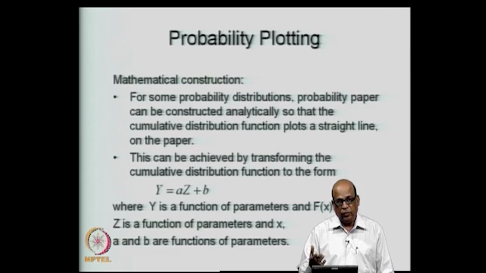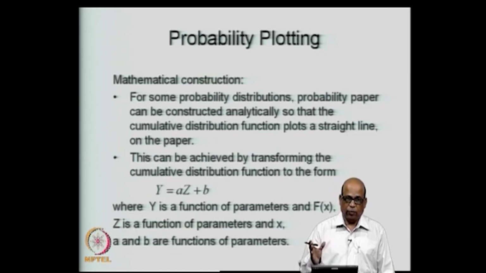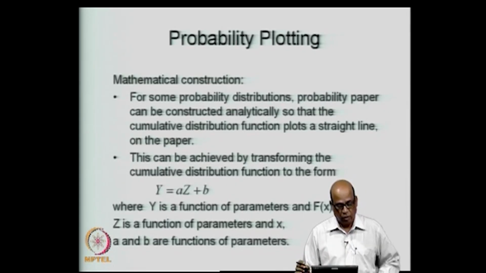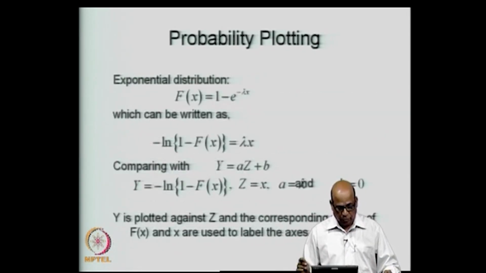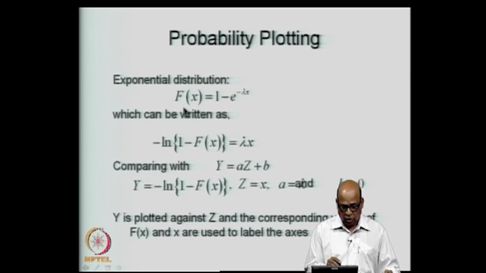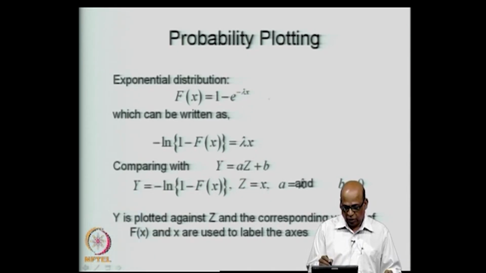Your idea is that the nonlinear F of x you want to transform in such a way that you will get a linear expression of some function of F of x, and then you prepare the graph by transforming the axis. For the exponential distribution, you have F of x equals 1 minus e to the power minus lambda x, and this is valid for x greater than 0, lambda greater than 0.